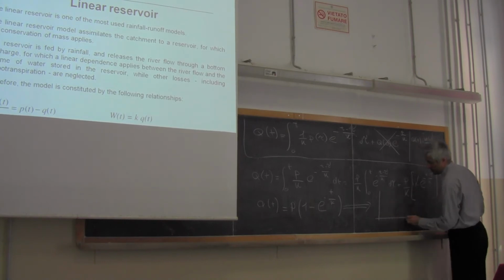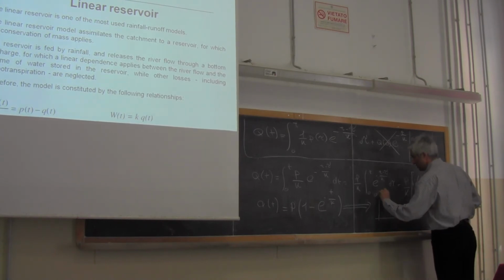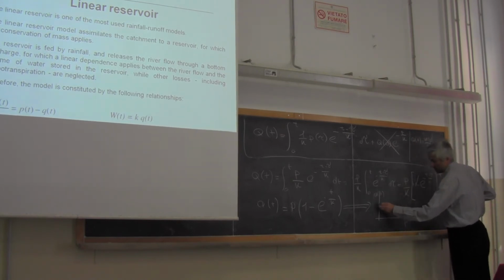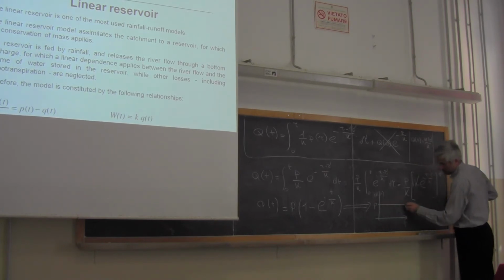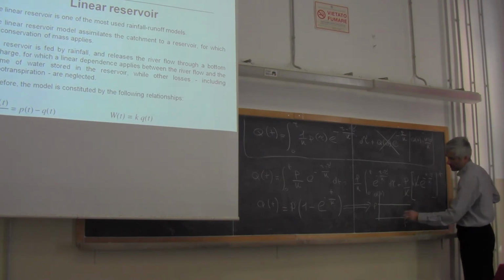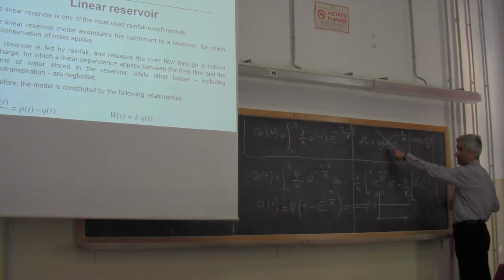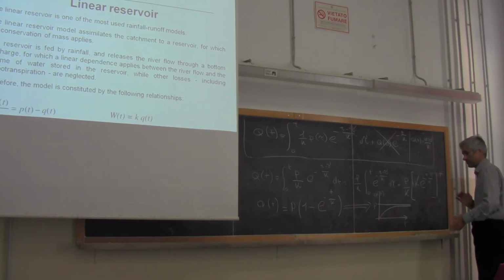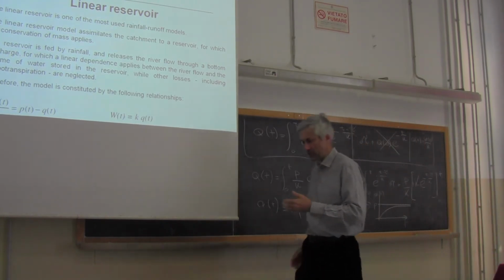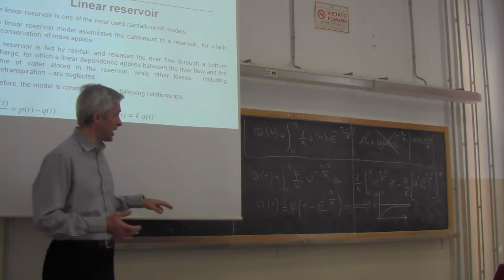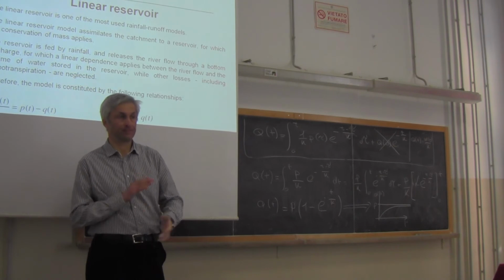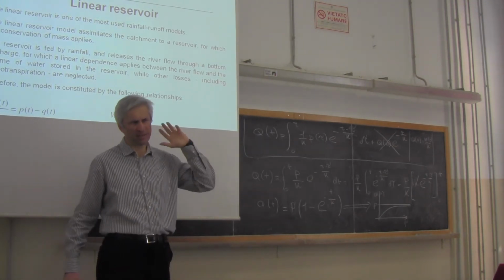So Q(t) over time, and if I indicate P here, I can easily recognize that the river flow, if Q0 is equal to 0, is something like this. For constant rainfall, the river flow asymptotically tends to rainfall, which is understandable.